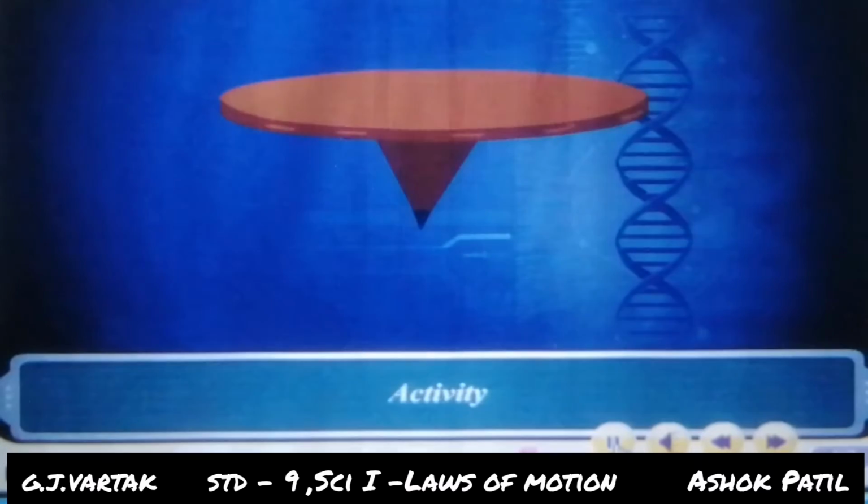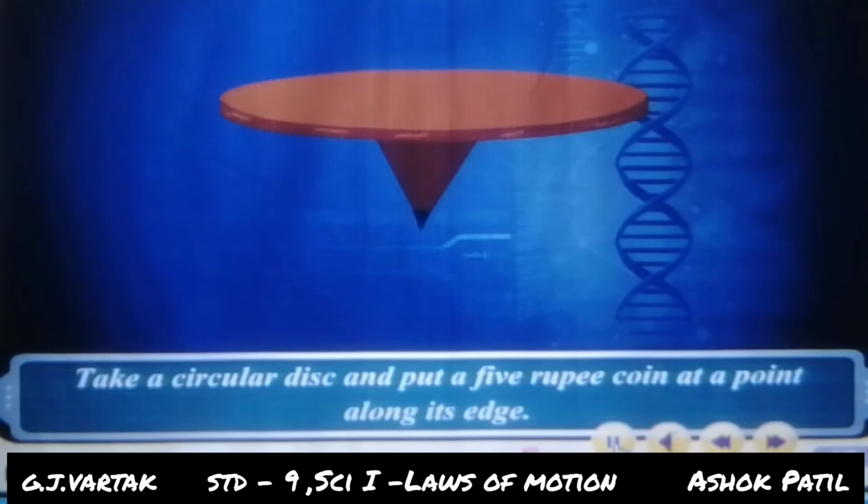Determine the direction of velocity in uniform circular motion. Look here. Take a circular disc, this is a circular disc, and put a 5 rupees coin at a point along its edge. Okay, this is the 5 rupees coin.